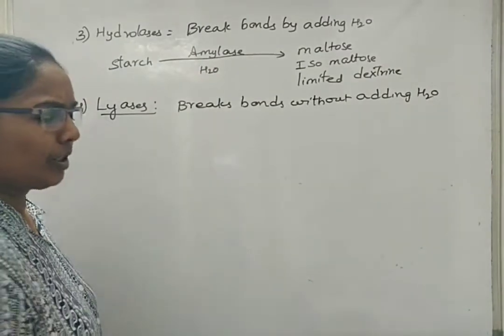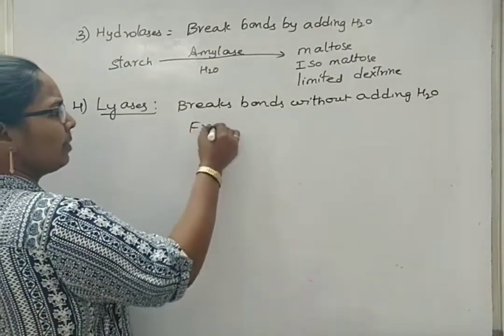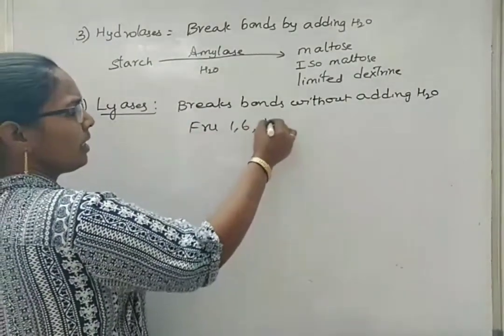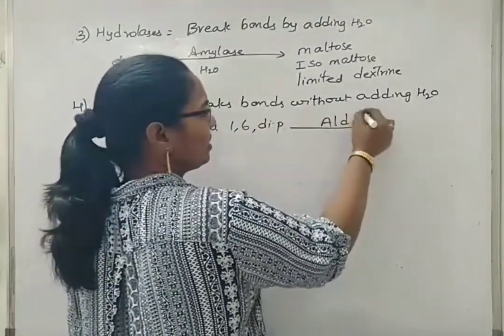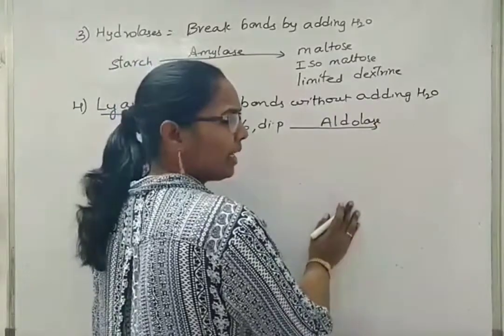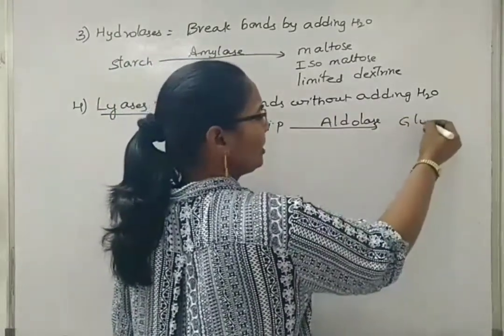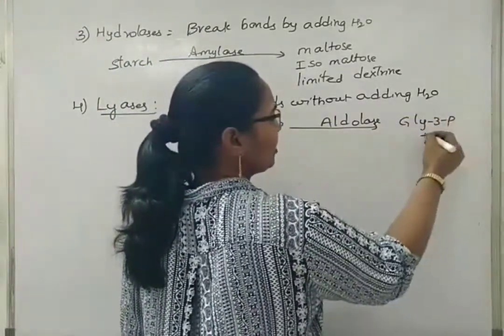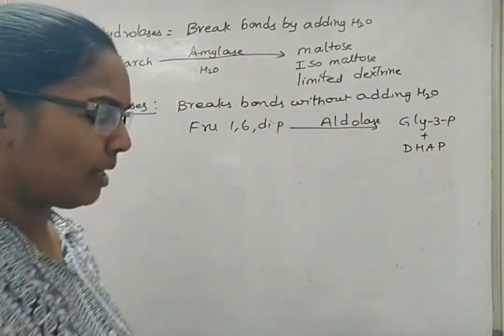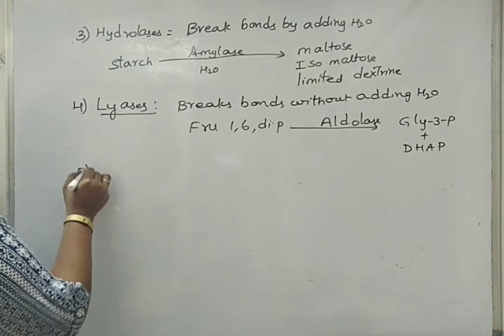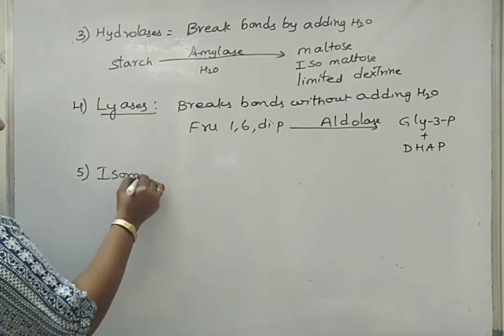Here we can take one example. Fructose 1,6-diphosphate in presence of the enzyme aldolase gives one aldehyde form and one ketone form, that is glyceraldehyde 3-phosphate plus dihydroxyacetone phosphate.